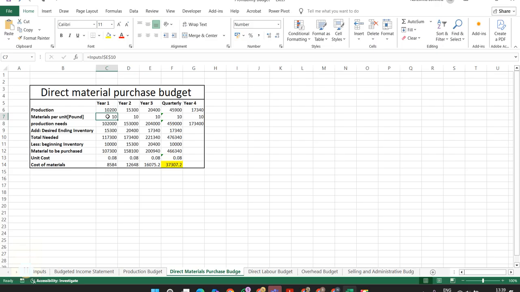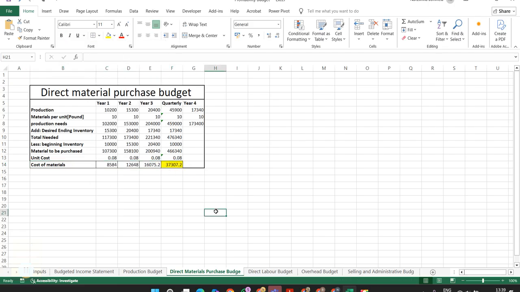Based on the total materials required and the starting and ending inventory, we get the approximate material to be purchased, which is multiplied by the unit cost to get the cost of material. This is the ultimate cost of material calculated as part of the direct material purchase budget.